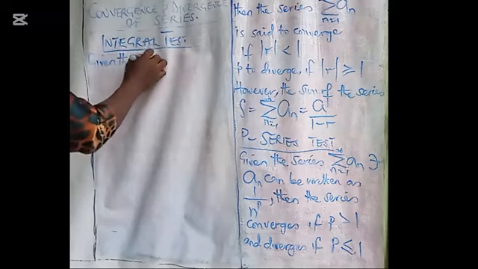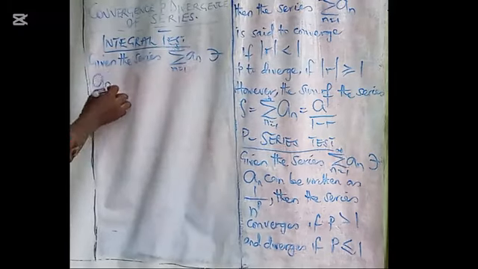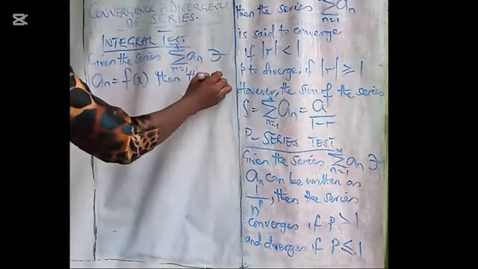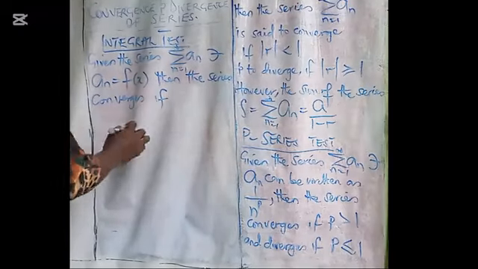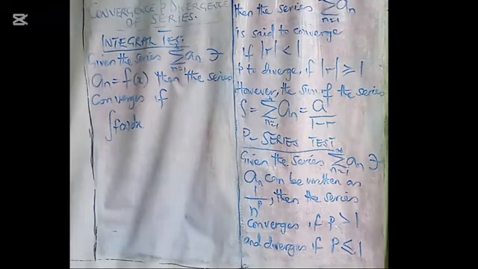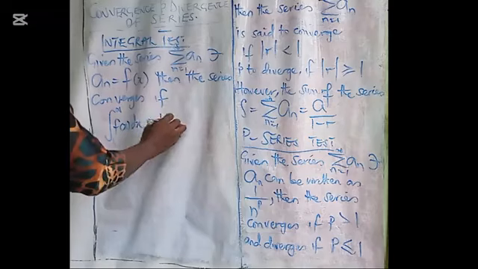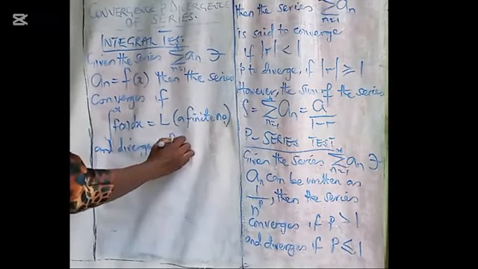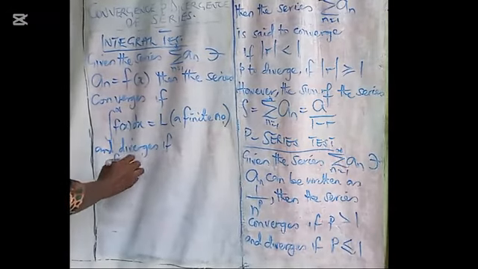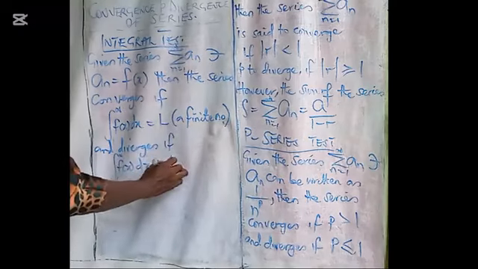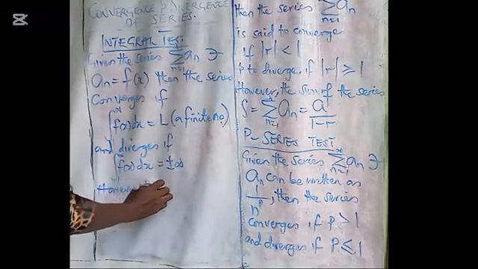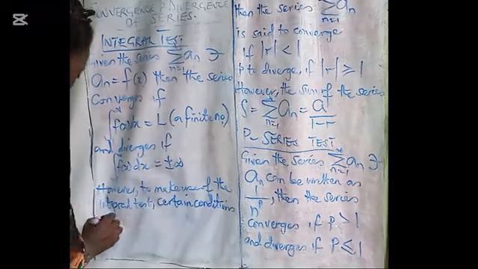Given the series such that a sub n can be written as f of x, then the series converges if the integral of f of x as x moves from 1 to infinity is equal to a finite number L and diverges if the integral of f of x is equal to plus or minus infinity. However, to make use of the integral test, certain conditions must be met.